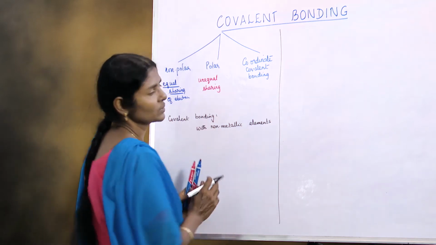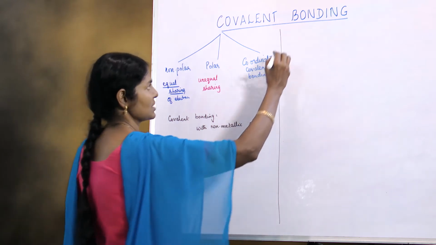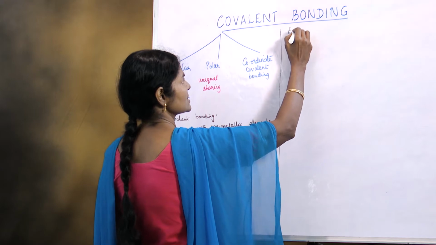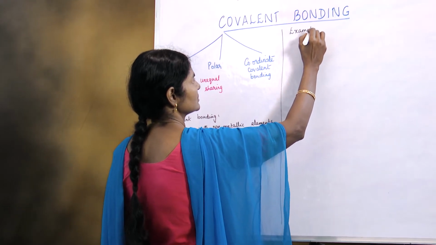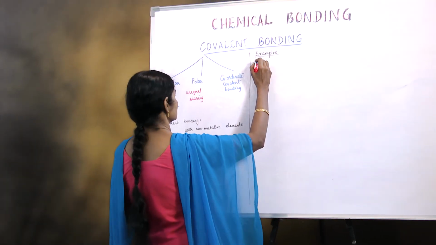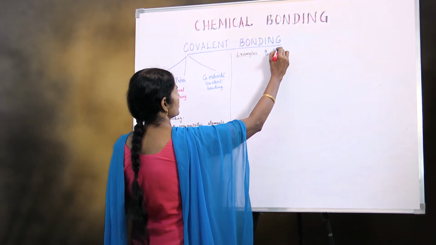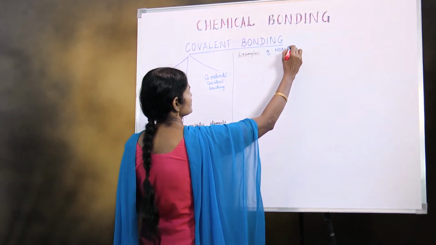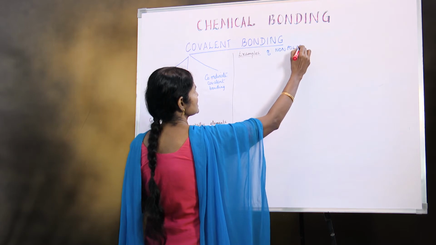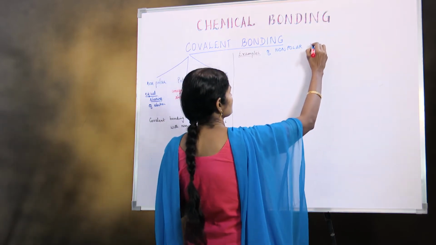So when we go to non-metallic elements, let us take hydrogen as an example. Examples: the first thing that we are going to see is non-polar covalent compounds. That means they result from equal sharing of electrons.